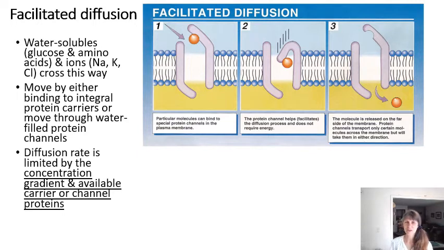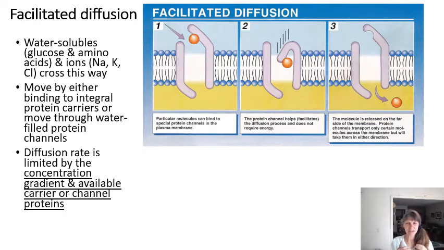Different water-soluble molecules like glucose, amino acids, and ions such as sodium, potassium, and chloride can be moved across the membrane without the help of adenosine triphosphate, and they do this either by binding to integral protein carriers which change shape when they form a bond.